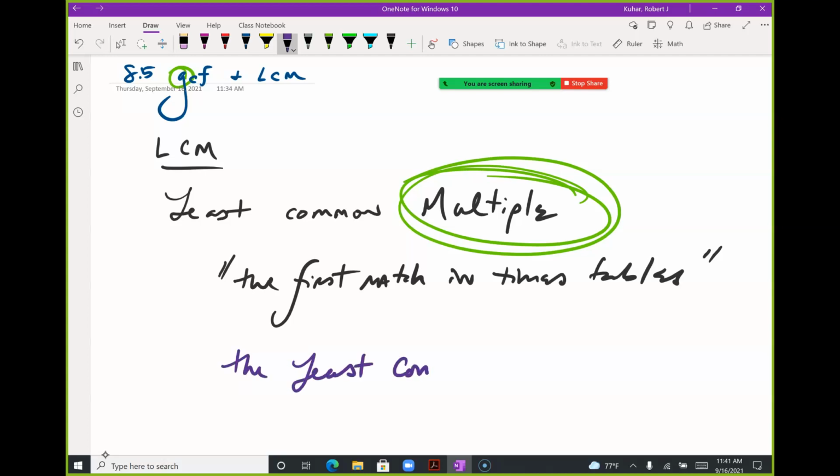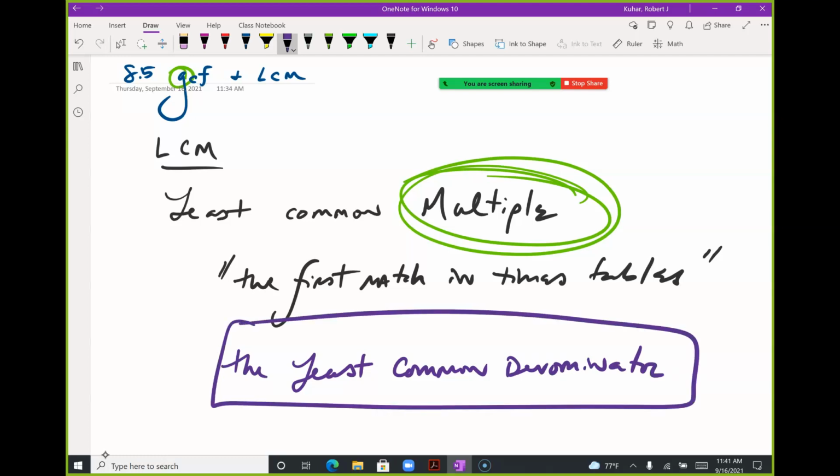When we're doing fractions, we're going to be finding least common denominators, which is the same as the least common multiple. The trick is we're using the denominator, the lower part of the fraction, as our times tables. So when I'm thinking least common multiple, I'm also thinking least common denominator.